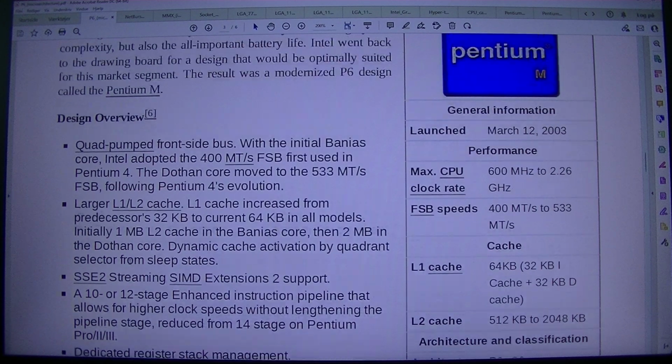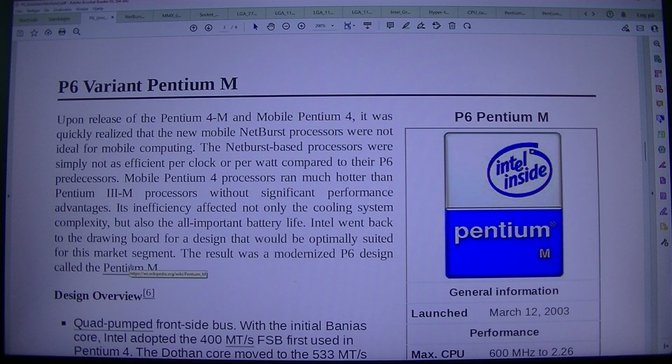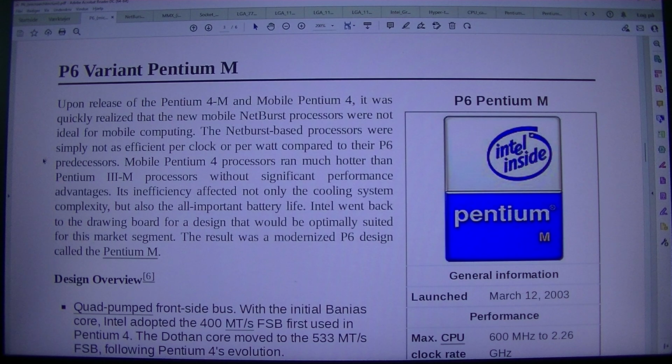Pentium M series. Upon release of the Pentium 4M and mobile Pentium 4, it was quickly realized that the new mobile NetBurst processors were not ideal for mobile computing. The NetBurst-based processors were simply not as efficient per clock or per watt compared to their P6 predecessors.